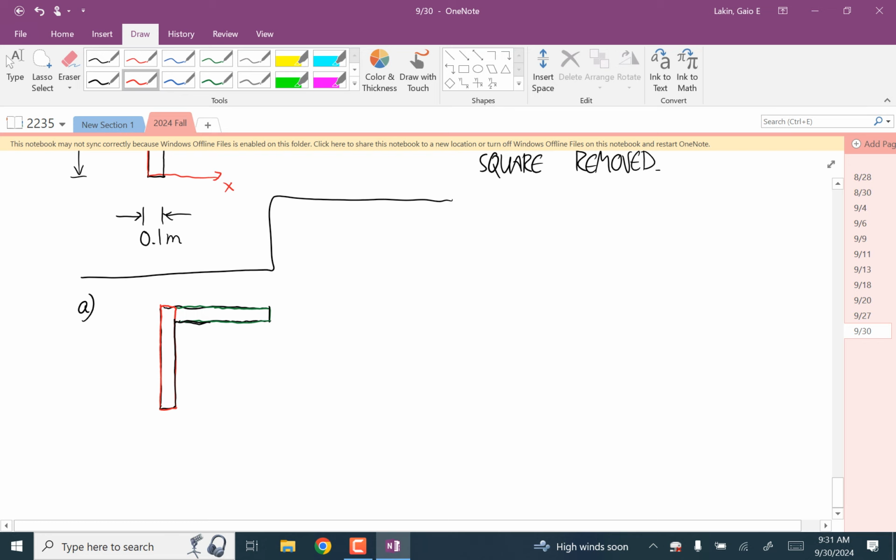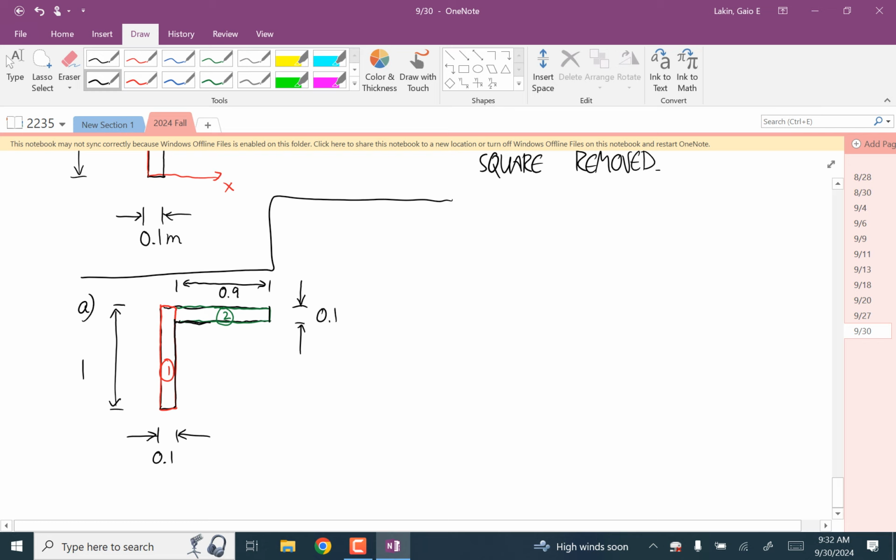I'm going to call this one shape 1 and this one shape 2 just for bookkeeping. So what do we have here for dimensions? For the red rectangle, we have a height of 1 and a width of 0.1. And for this green one, we have a width of 0.9 and a thickness of 0.1.